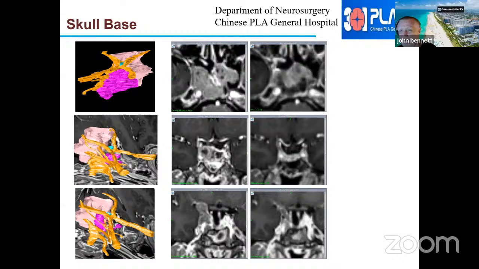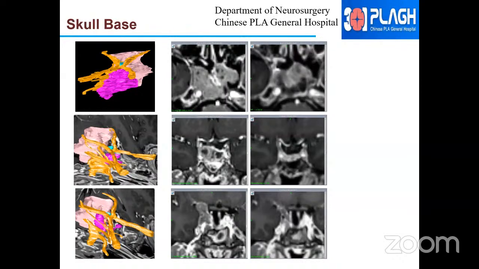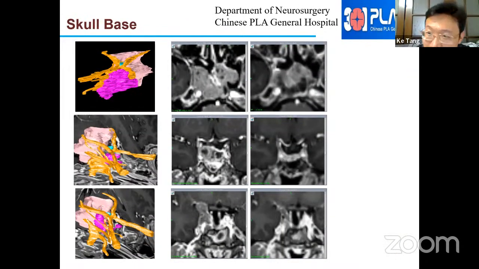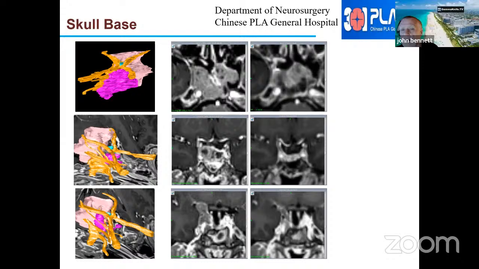Trigeminal neuralgia. When you give gamma knife to trigeminal neuralgia, how long does it take to give a result of pain-free trigeminal neuralgia? Did you understand, Dr. Tang? He has a kind of a problem hearing.